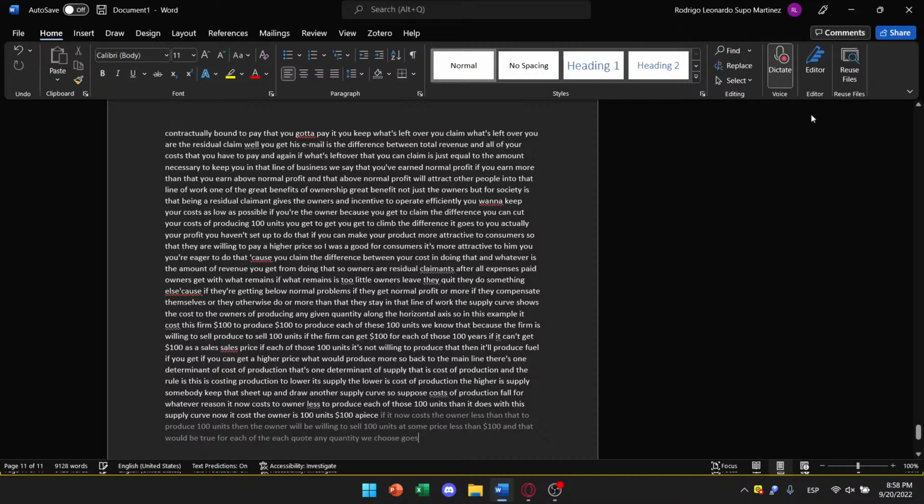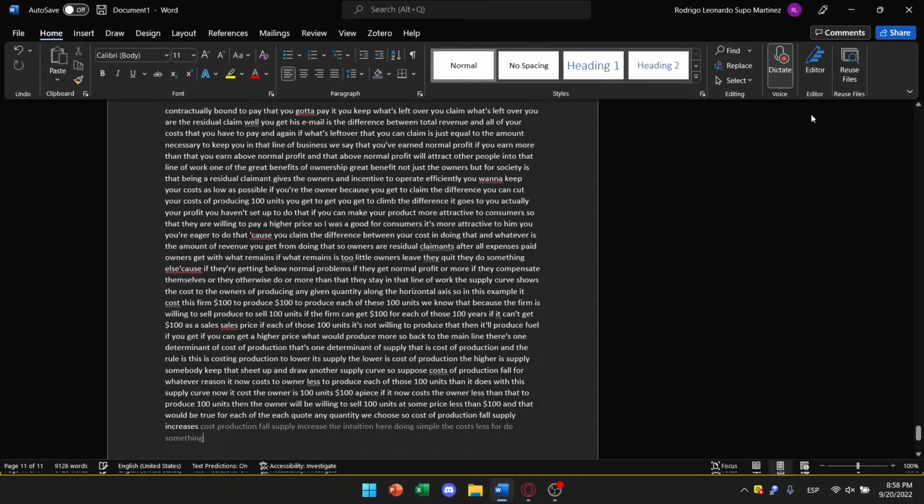So as cost of production falls, supply increases. As cost of production falls, supply increases. The intuition here is really simple. If it costs you less to produce something, for any given price, you're willing to supply more of it. Alternatively, if cost of production rises, supply decreases.